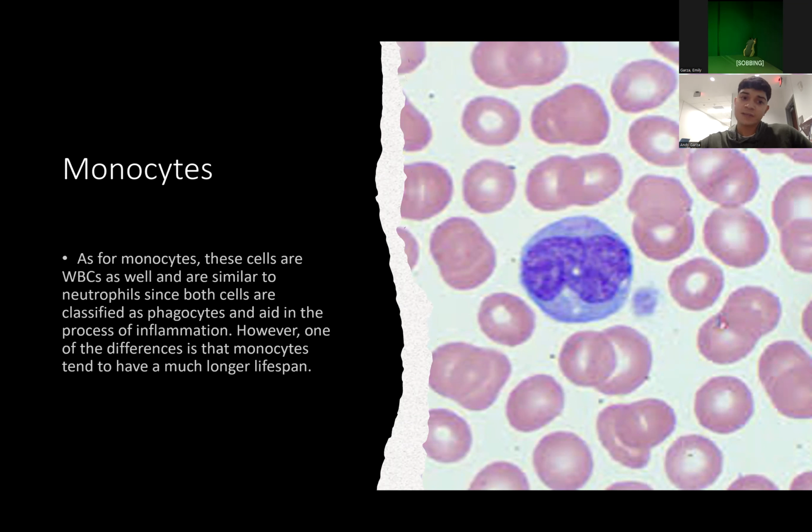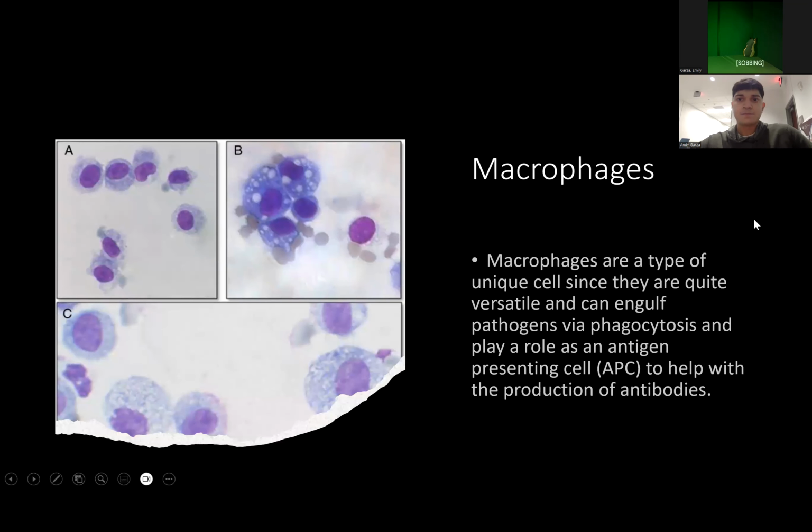However, one of the main differences is that monocytes tend to have a much longer lifespan. Macrophages are a unique cell since they are quite versatile and can engulf pathogens via phagocytosis and play a role as an antigen-presenting cell, or APC, to help with the production of antibodies.